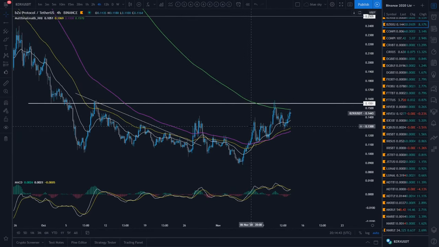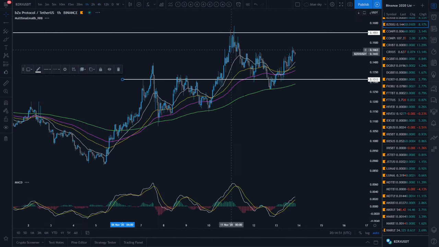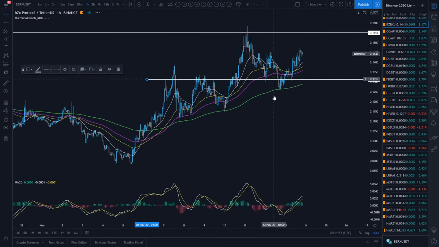Yeah, I mean, here you see this, guys, this is a level here. These highs here turn to support. That's why the coin bounces here on the EMA 200. Okay, because these were highs, and this resistance turns to support.